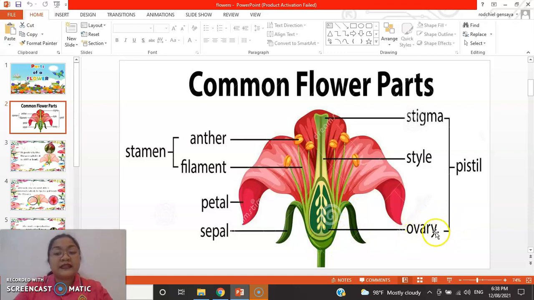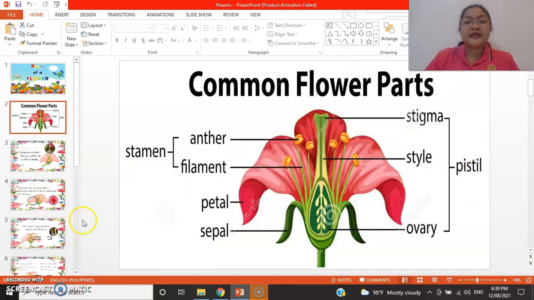Ovary contains the ovules. Stigma traps pollen grains. And the style supports the stigma. What is the male part of the flower? It is the stamen. How about the female? That is the pistil. Very good.